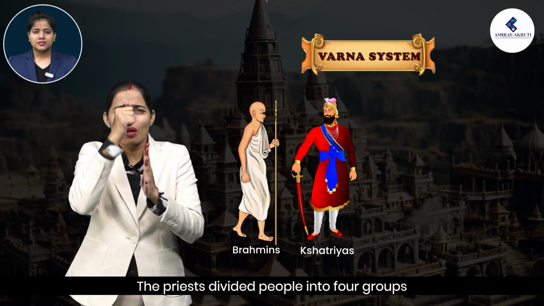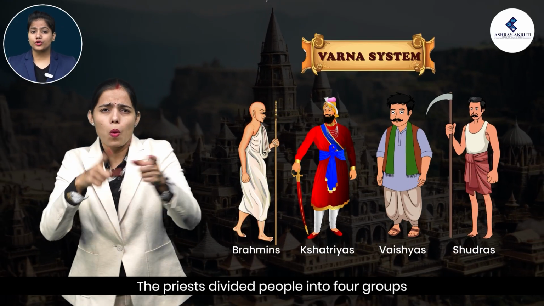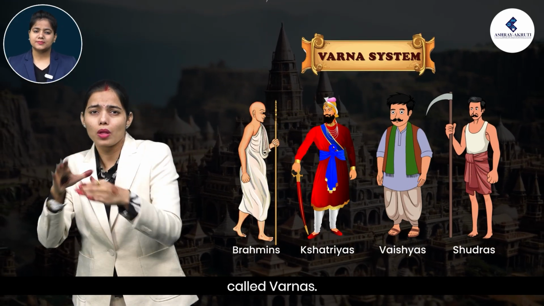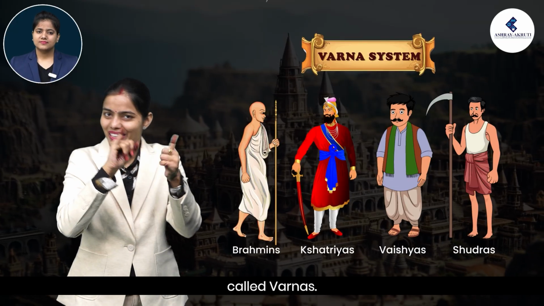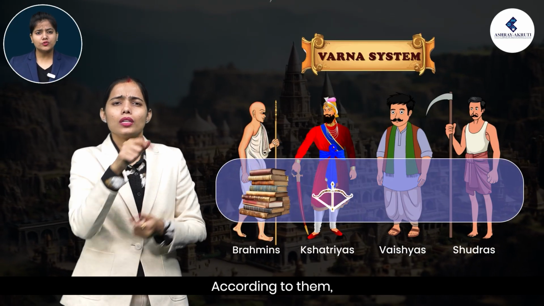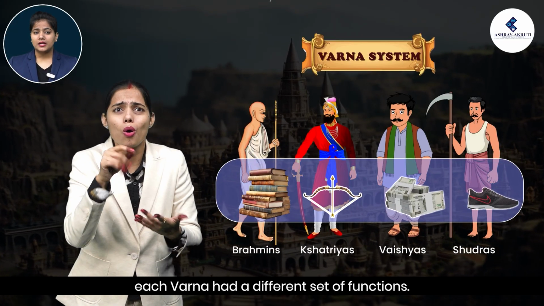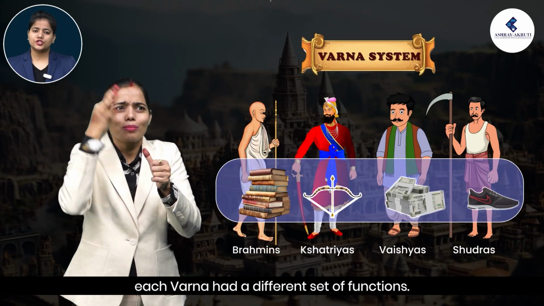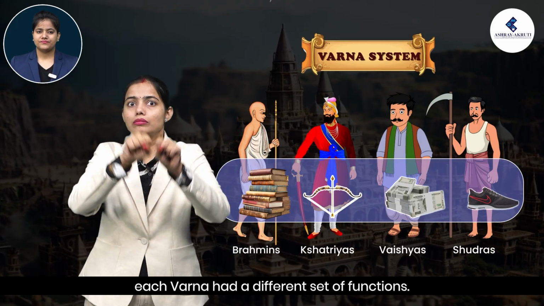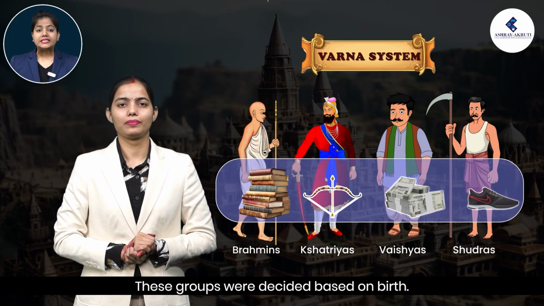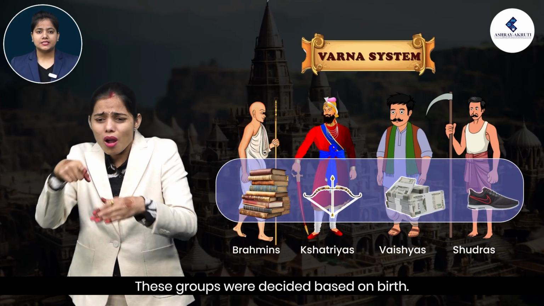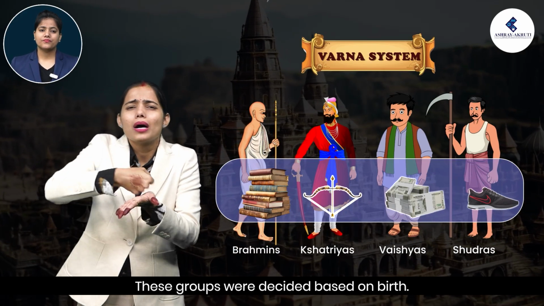The priests divided people into 4 groups called Varnas. According to them, each Varna had a different set of functions. These groups were decided based on birth.